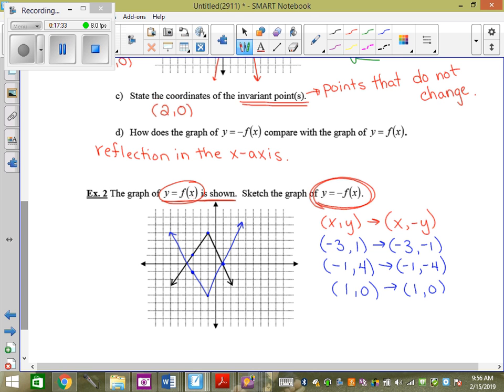In the x-axis or in the line y equals 0. So anything on here is invariant. So I have 2 invariant points.